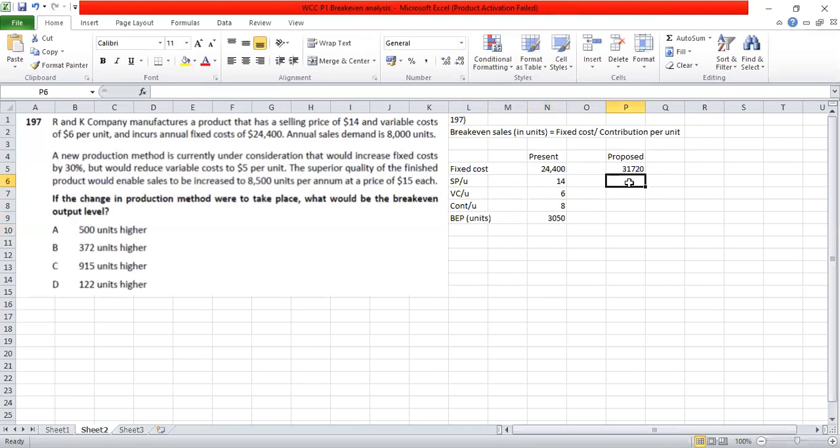Now for the proposed one, the superior quality of the finished product will enable the sales to be increased to 8,500 at a price of 15 each. So 15 is the selling price. Variable cost would reduce to 5. So this is 5.